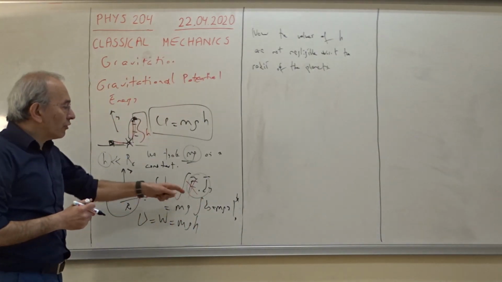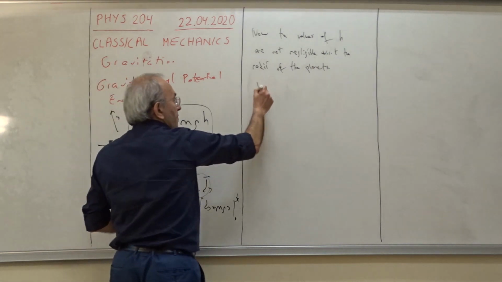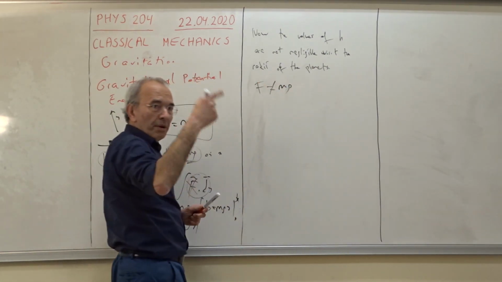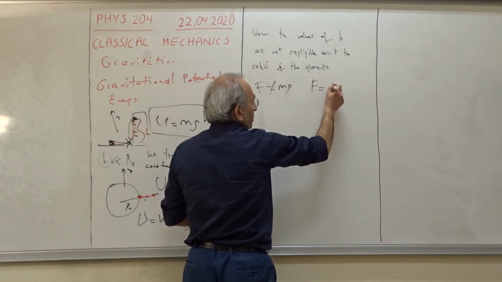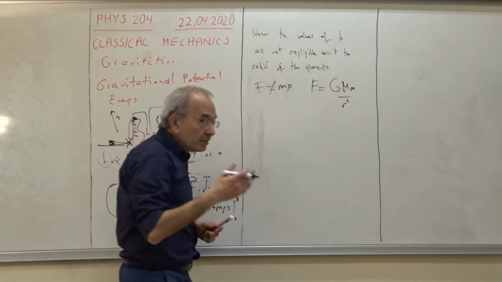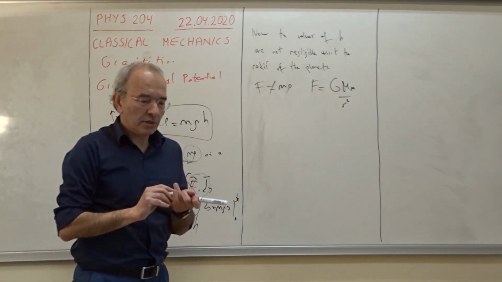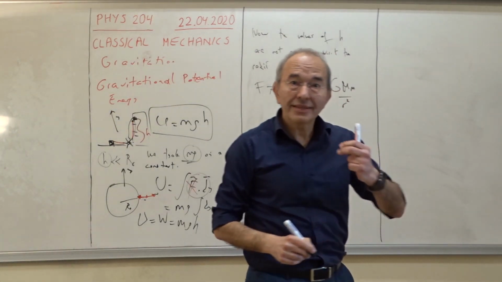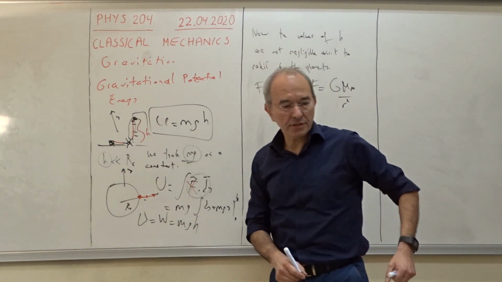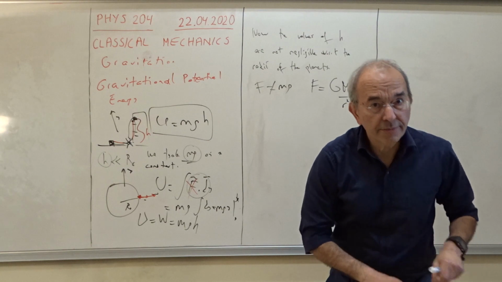So instead of F equal to mg, F is not equal to mg now, but F can be written as GMm over the distance squared. So F depends on the distance, which does change, not constant as in the previous cases.